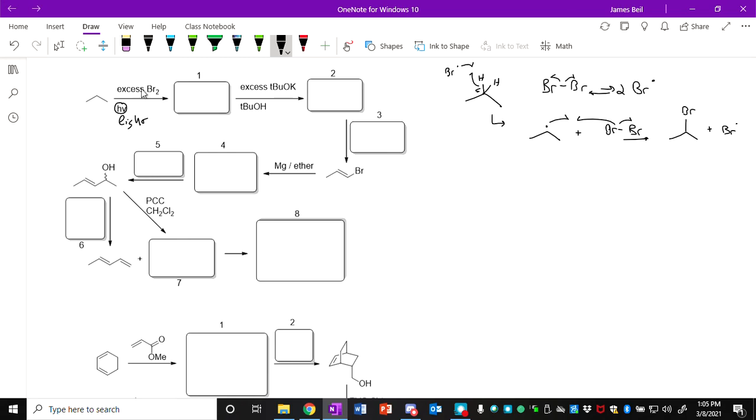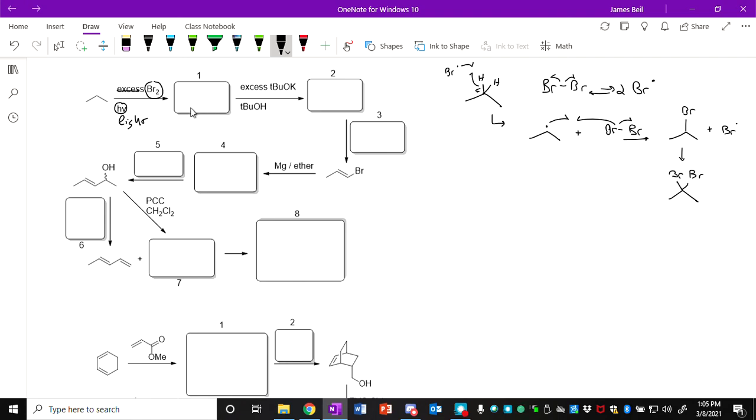So if it didn't say excess, I would assume that there's only one bromine for every one propane, and that this one product would likely be produced from that. But because I have excess, I expect that process to occur again. And through the same mechanism, I would likely end up with two bromines attached there.